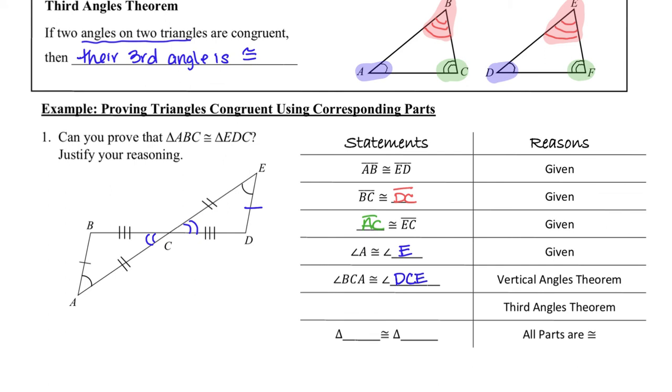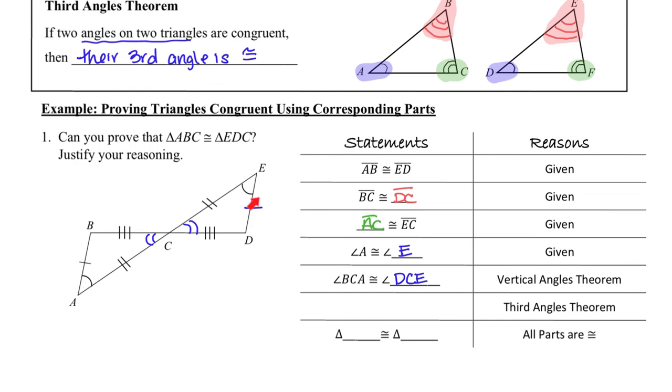So if you always go back up to the order that things are presented, if it says BCA, it starts in the middle and goes BCA. So then you would do that same pattern of middle, right, left for BCA. Then it would be DCE. So now we get to apply the third angles theorem.